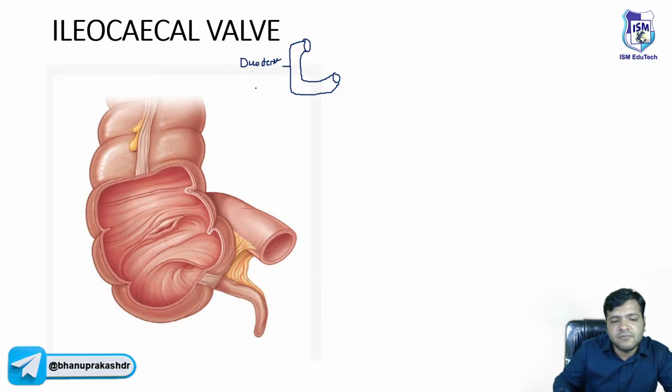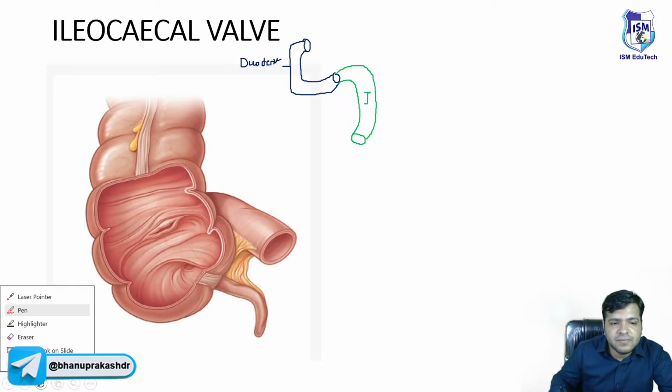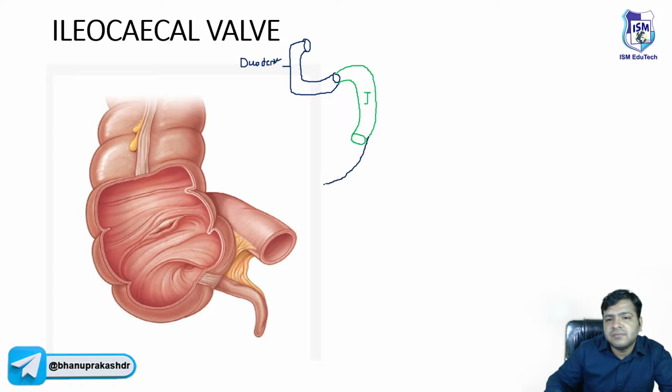We have the jejunum. Now there are many loops; I'm just trying to draw one of the loops. And the jejunum continues like this, to the ileum.